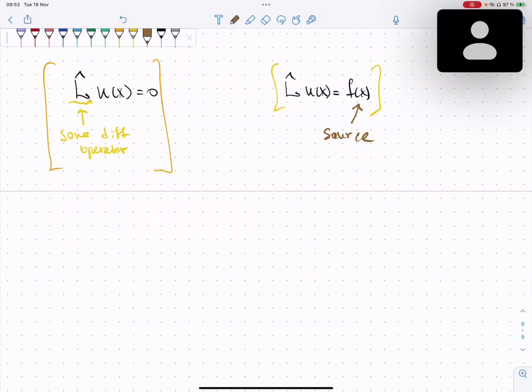The question is how to solve this non-homogeneous equation.